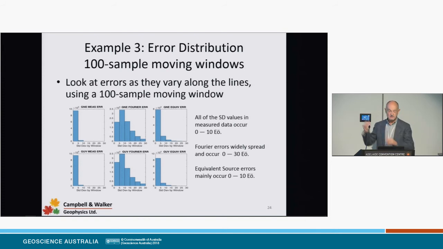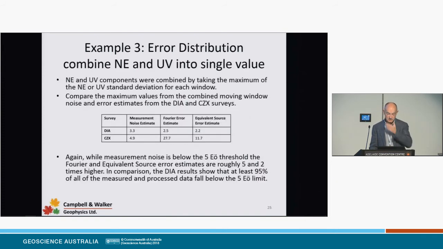So, moving the windows, we did the same histogram. In the NE, all the standard deviation values in the measured data are below 10. Fourier are widely spread. Equivalent sources are focused on a few lines only.